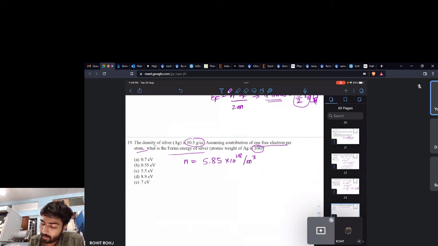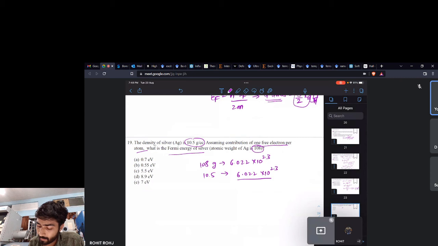Now this number comes out because let me just do it explicitly again, if not we are not running out of time here. So 108 grams comes out to be an Avogadro number, then 10.5 would give us 6.023 into 10 to the power 23 divided by 108 into 10.5, and per meter cube would be 10 to the power 6.